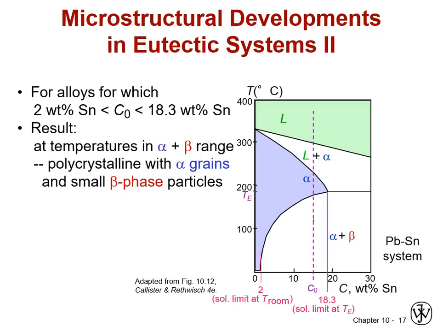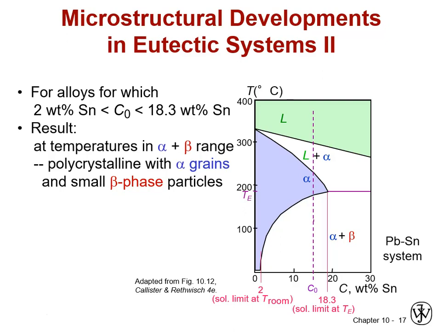So it all starts with this particular shape of a phase diagram. The alloy that we're considering now, C0, that's between 2 weight percent tin and 18.3 weight percent tin, is an example of the type of alloy composition that would be amenable to this type of hardening. And we'll start to look at why right here.